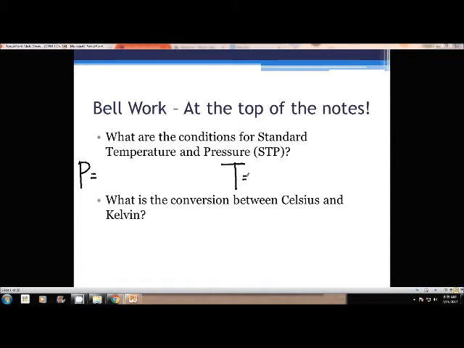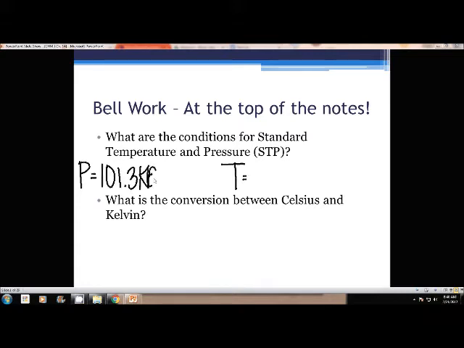Who wants to take a guess at pressures? Kind of has to do with what we did in chapter 13. With those numbers. No, that's wrong. Didn't we have ATM and KPA? 101.3 is one of them.